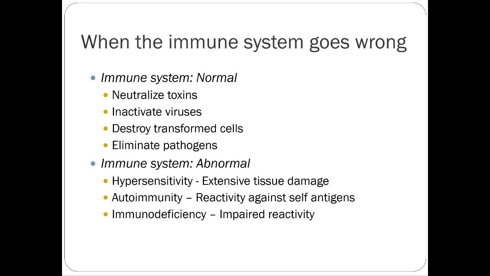An abnormal immune system might cause things like hypersensitivity, which is like an anaphylactic reaction, causing lots of inflammation and possible ultimate tissue damage and organ damage, things like that. Autoimmunity is reacting against the own body. There's plenty of autoimmune diseases we'll talk about throughout the course, and I won't go into any of those right now. Immunodeficiency is impaired reactivity, and that's another thing we'll talk about here today.